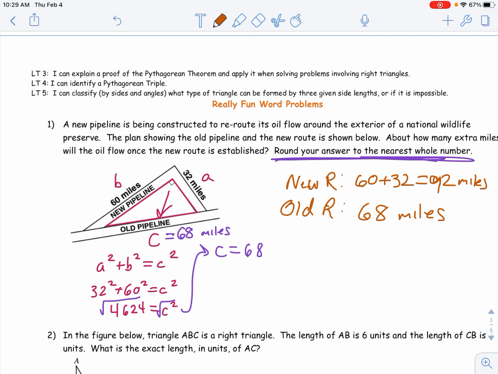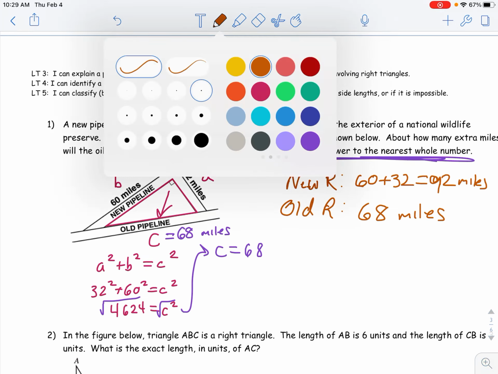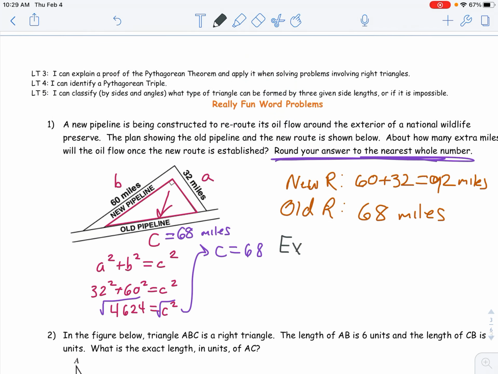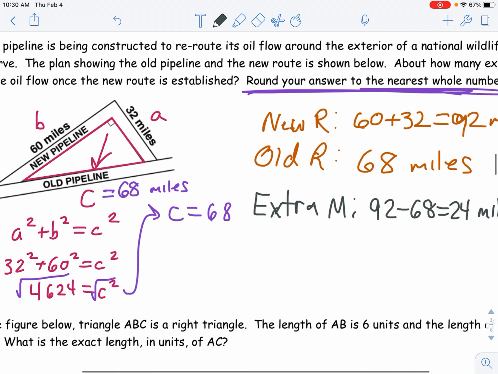So that means the extra miles, extra M for extra miles, 92 minus 68, which is 24 miles. So oil has to flow an extra 24 miles, but it's worth it. We're keeping the animals safe. We must protect animals at all costs.